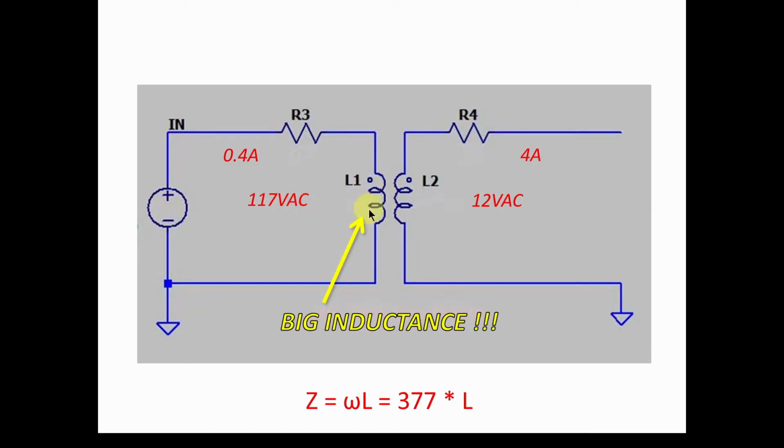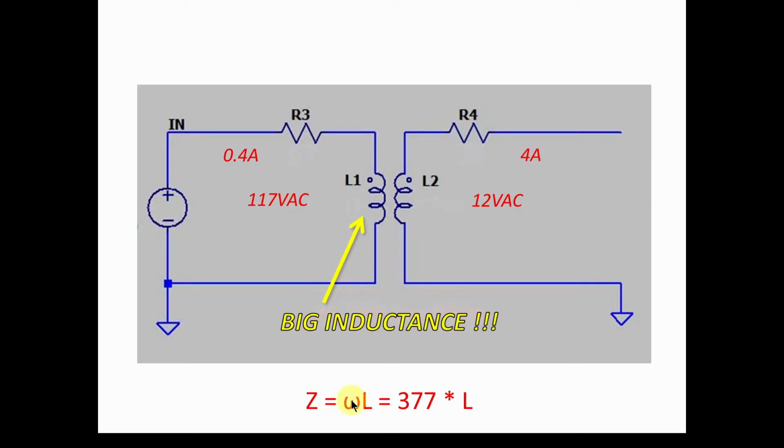If this is 120 ohms, it's going to draw 1 amp. That's too much. So it's going to be a big inductance. Now we know that the impedance equals omega times L, and omega is 2 pi times the frequency.